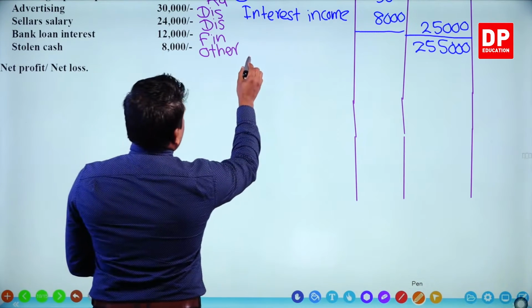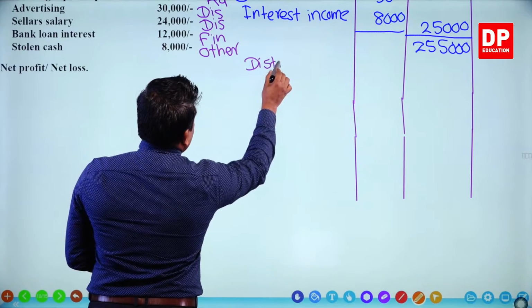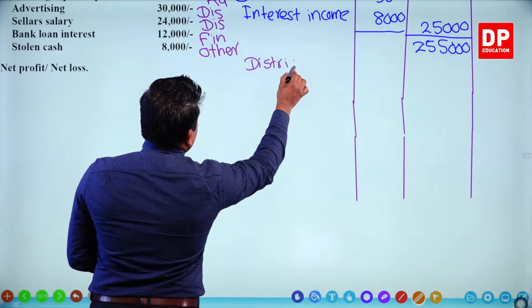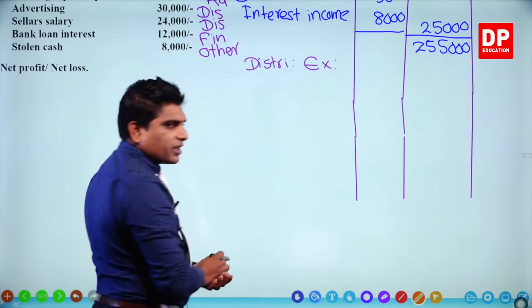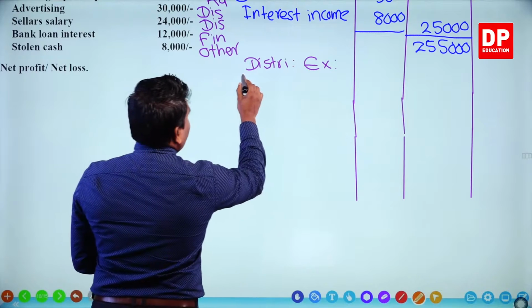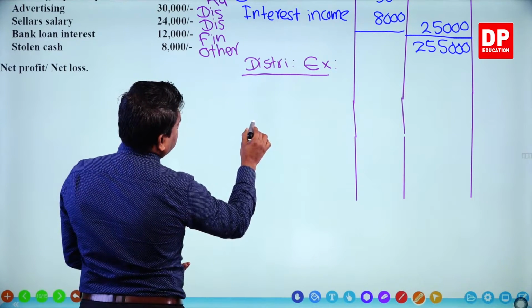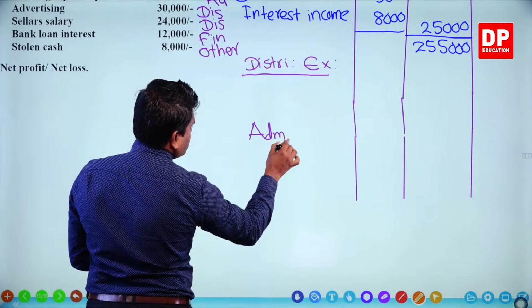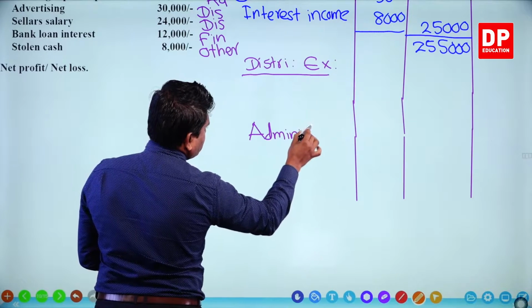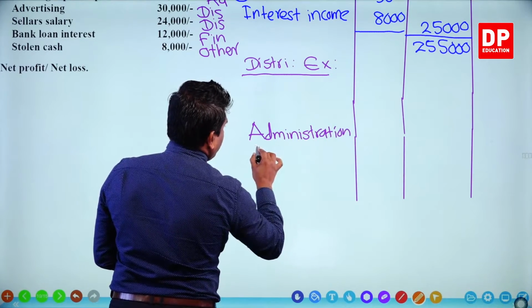Then you can classify all the expenses in 4 categories. First one should be distributing expense. I put distri expense. It means distributing expense, right? The other one should be what? Administration expense. Administration expense, right?